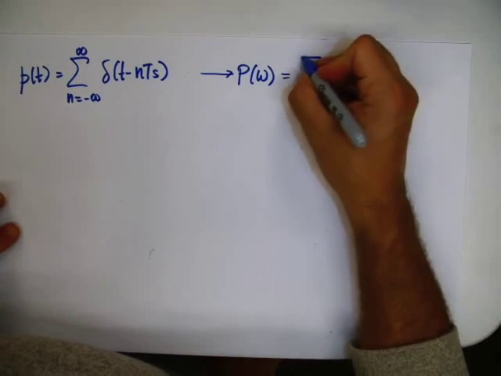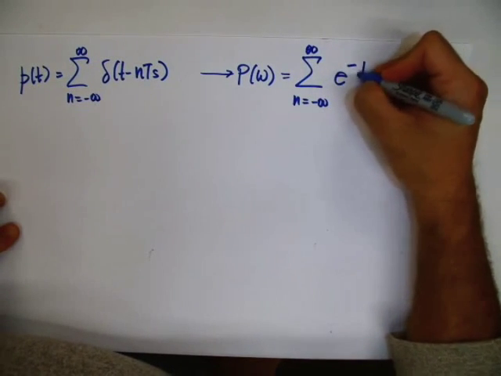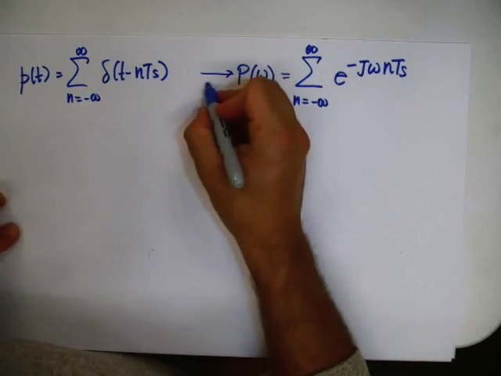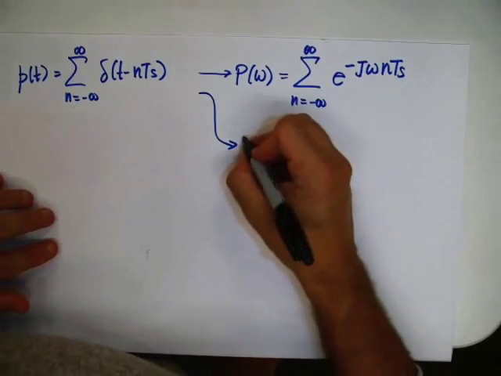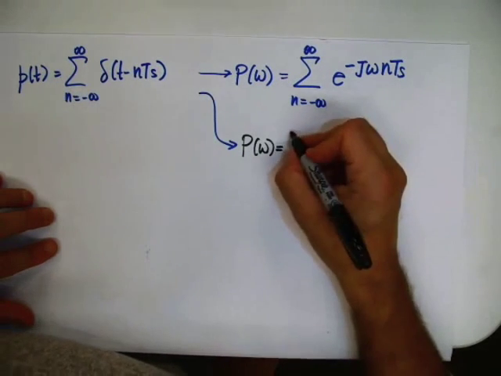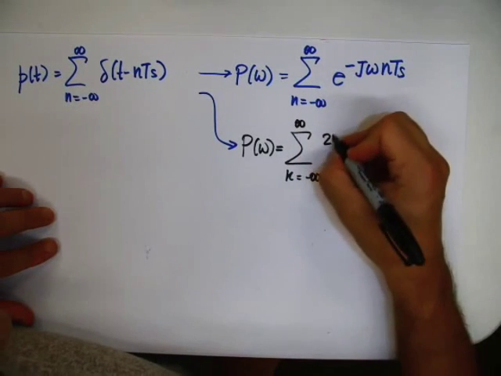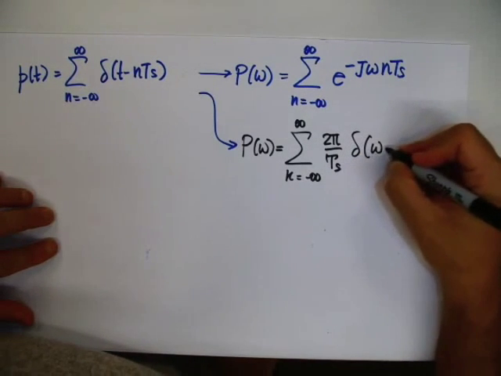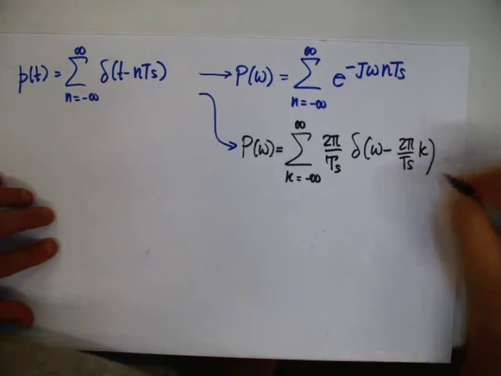One is the sum from minus infinity to infinity of e to the minus j omega n ts, or we have this alternative form: P of omega equals the infinite sum from k equals minus infinity to infinity of 2 pi over ts delta of omega minus 2 pi over ts k.